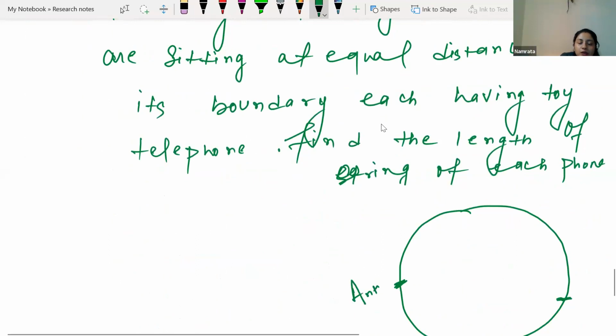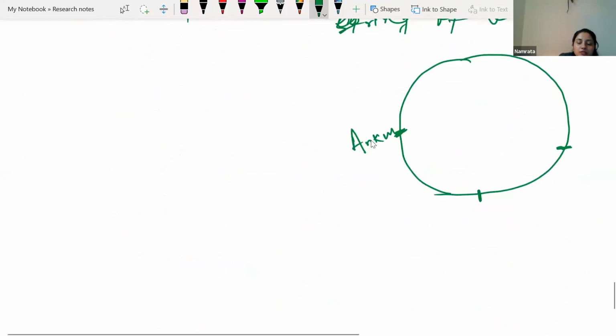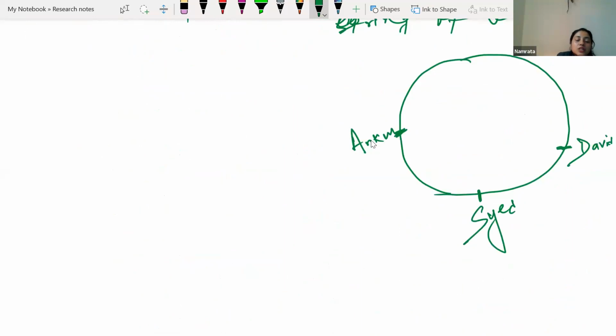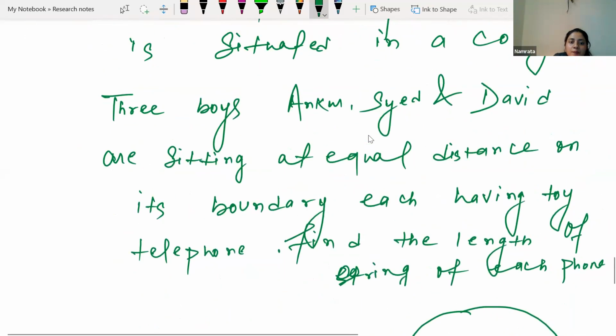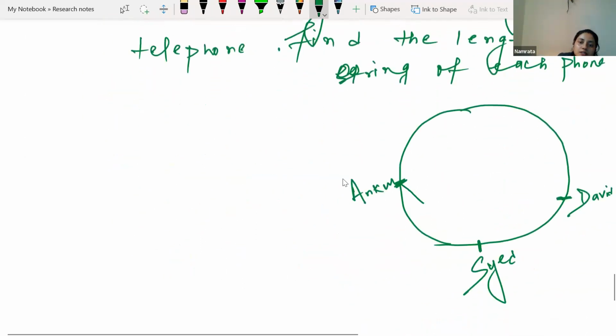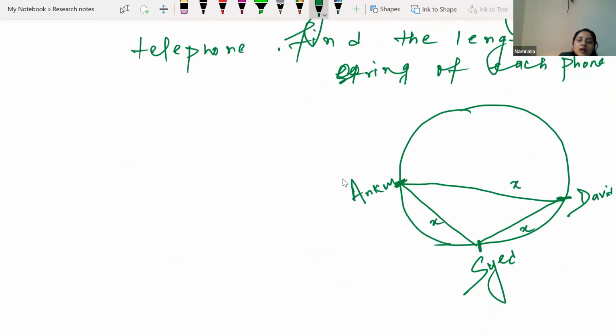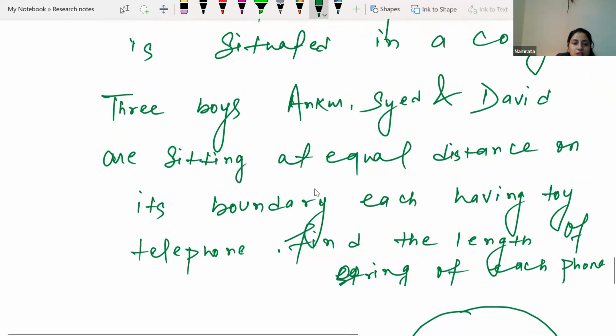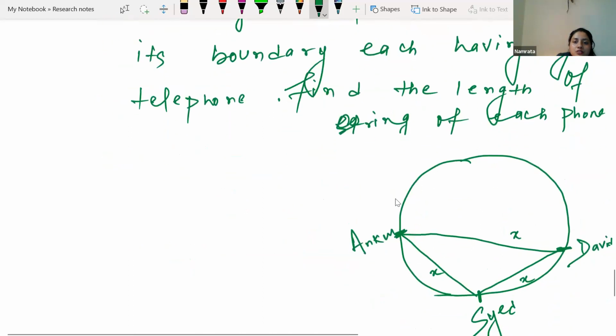Just like this, three boys are sitting on the boundary. Now all are sitting at equal distance on its boundary, so this distance and this distance are all the same. This is x, this is x, this is x. Find the length of string of each phone.